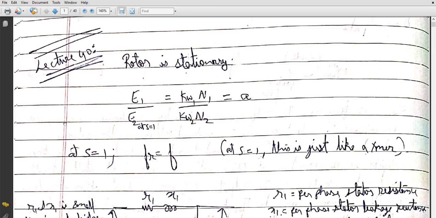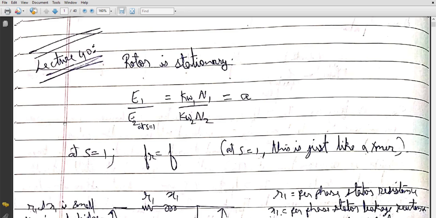We know that in an induction machine, the induced EMF is equal to root 2 pi f into phi into N into Kw, where Kw is the winding factor, phi is flux per pole, N is the number of turns, and f is the supply frequency. This is the formula of induced EMF, which we have already derived in our class lectures.